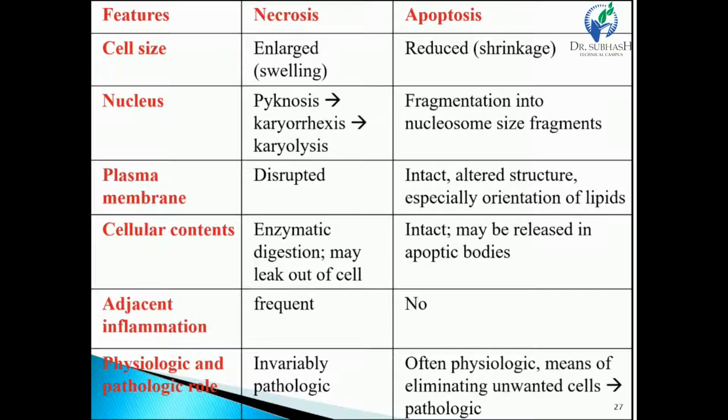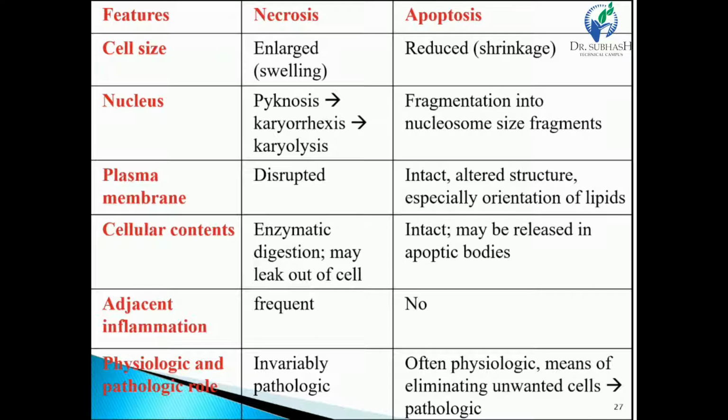Coming to the cellular contents, enzymatic digestion may follow, and the contents may leak out of the cell. So all the content of the cell will be leaked during necrosis.